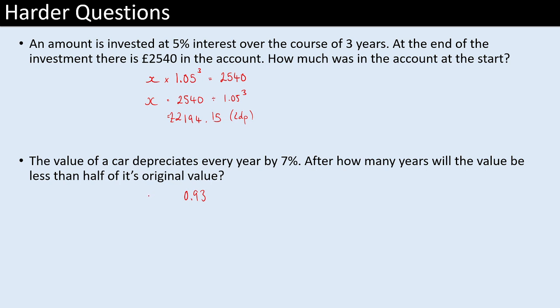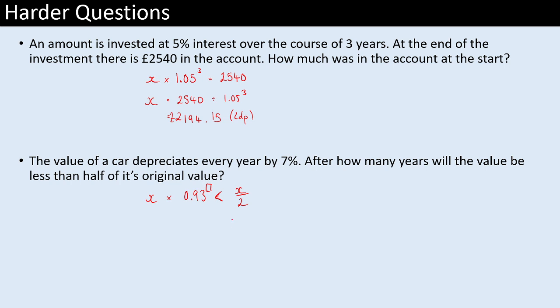What we don't know is after how many years we're doing this. But we do know that we've got an original value. That should be a multiply. And we know that our final value should be less than half of the original value. Which, okay, that's interesting. I want to know what power I need to make this work. Okay.